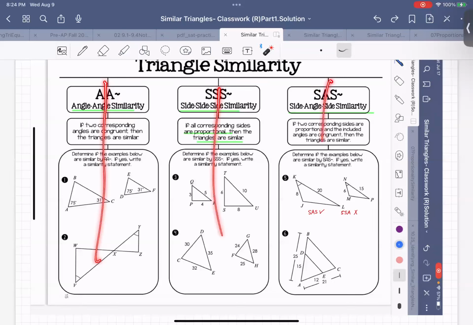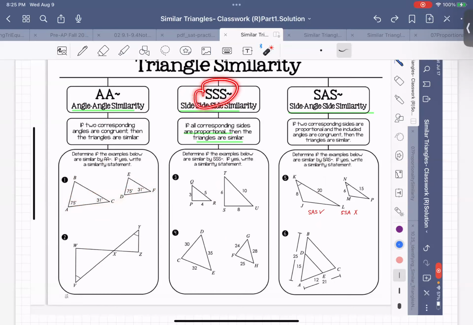Draw 3 columns. First column is called AA. Second column is called SSS. Last column is called SAS. And then you want to draw examples. You don't need to draw 2 examples. If you draw 1 example, it's good enough. First example: you have 2 triangles, with 2 given angles corresponding equal.